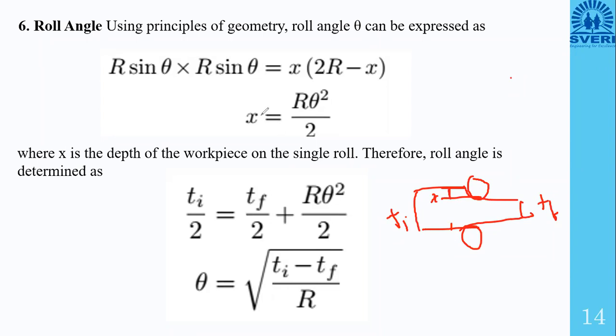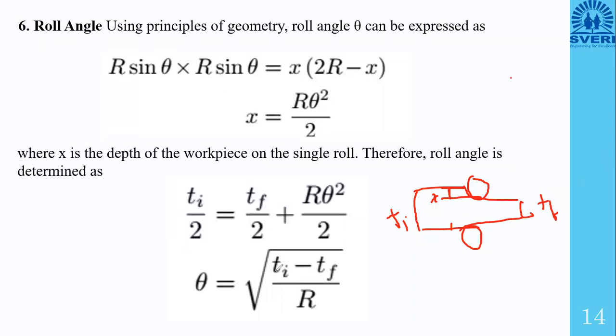If you put the x value here, (Ti minus Tf) divided by 2, it equals R theta squared by 2. Moving minus Tf to the other side it becomes plus.